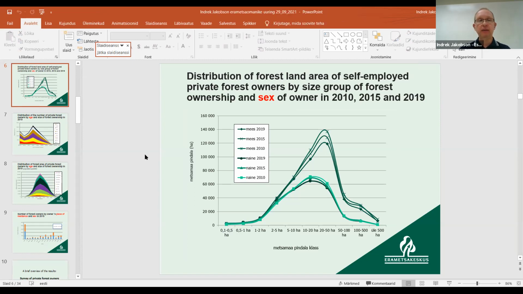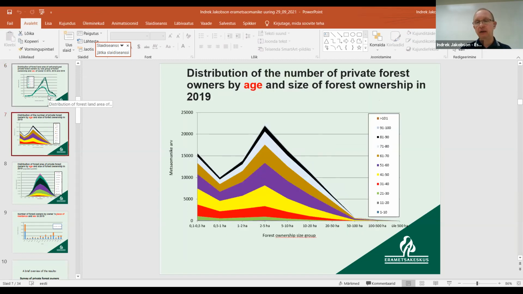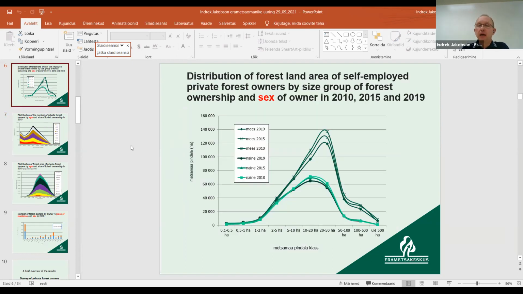No, the number of forest owners is not growing, but the average forest land area is growing, because people are selling their very small pieces, which they got from restitution, and a couple of people are acquiring those parts and getting bigger forest ownerships.